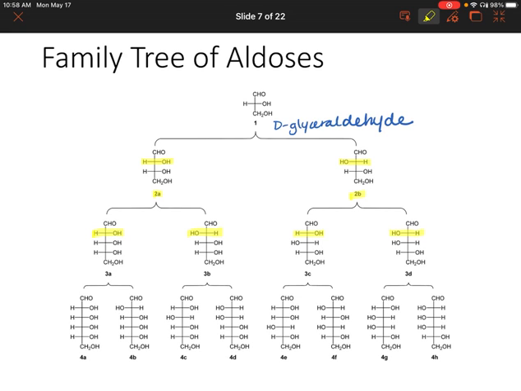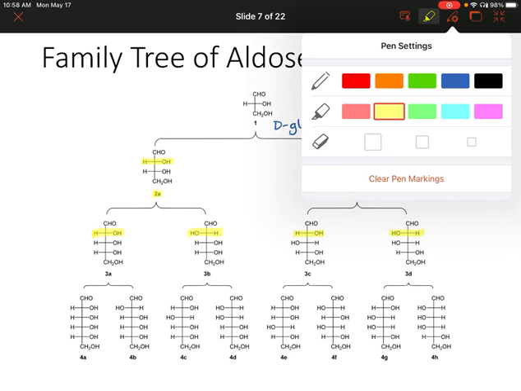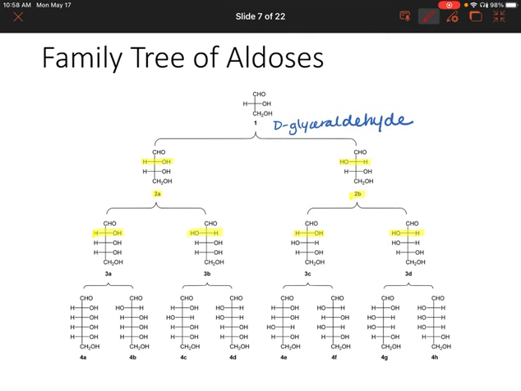So overall, we have four different structures there for our aldo, let's see, 1, 2, 3, 4, 5, aldopentoses. And that makes sense with what we saw earlier, right? We said we had 2 to the second. So we had 2 stereocenters. So that would be 4 possible structures.